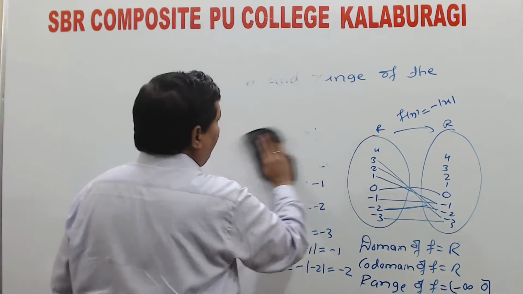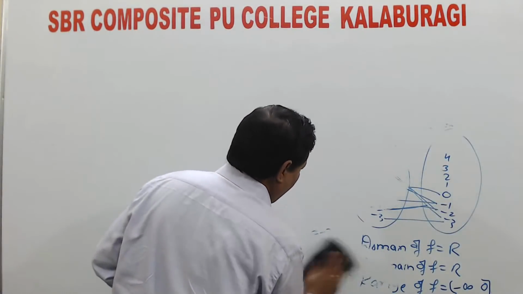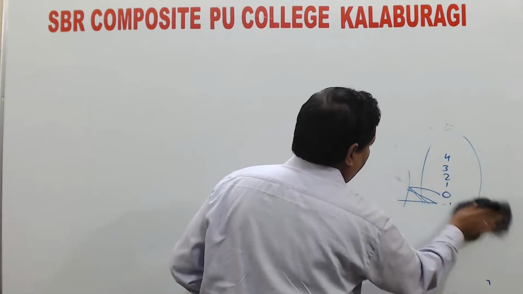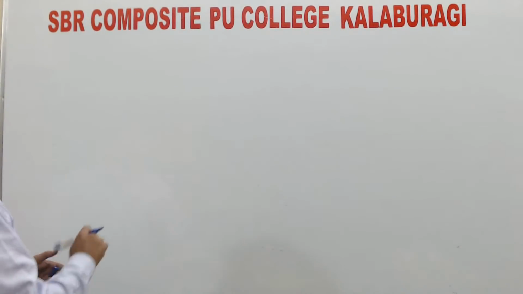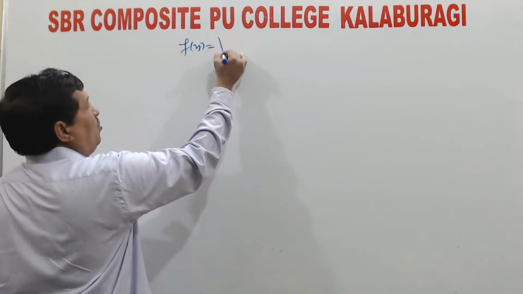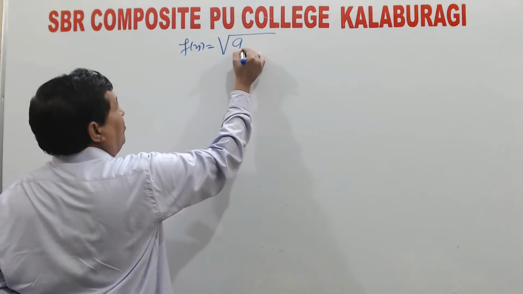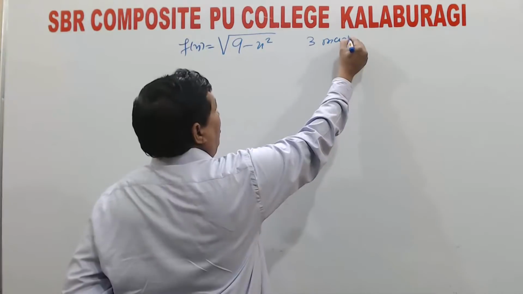So next question is very important. They will ask this one for 3 marks. Find the domain and range of F of X equal to root of 9 minus X square. It is for 3 marks.